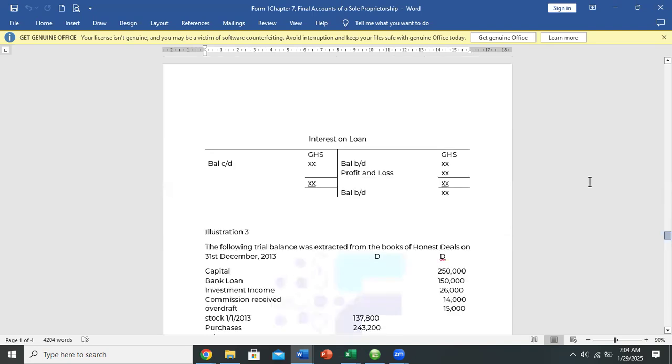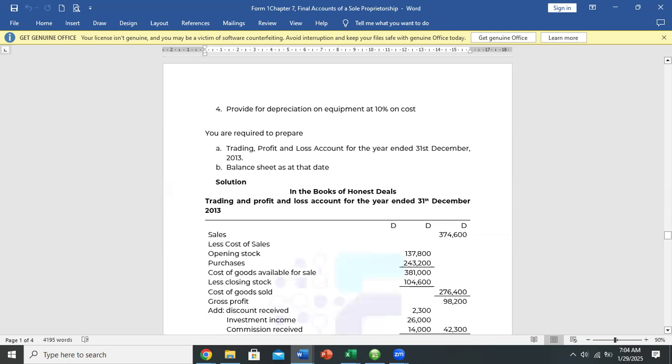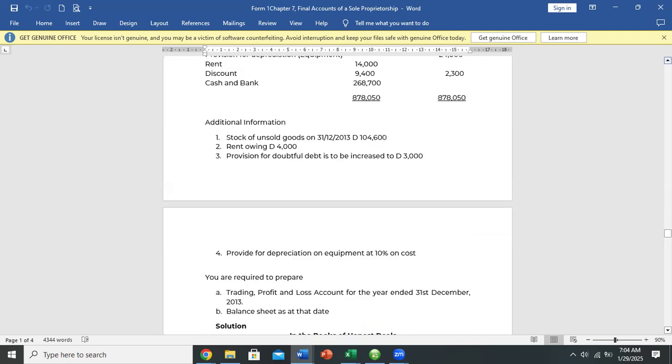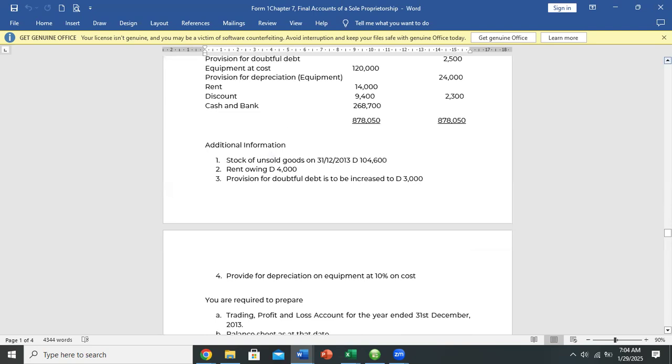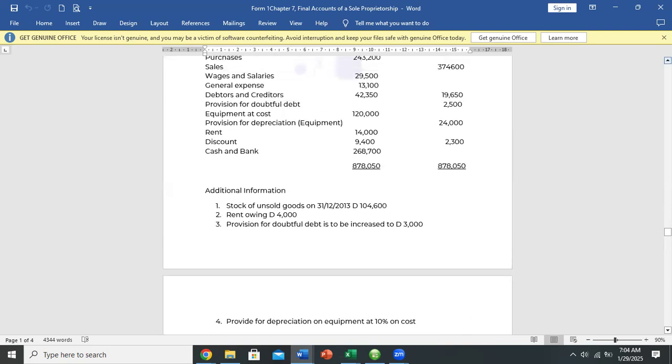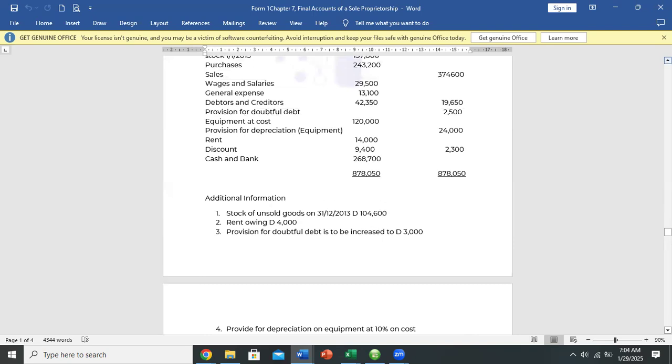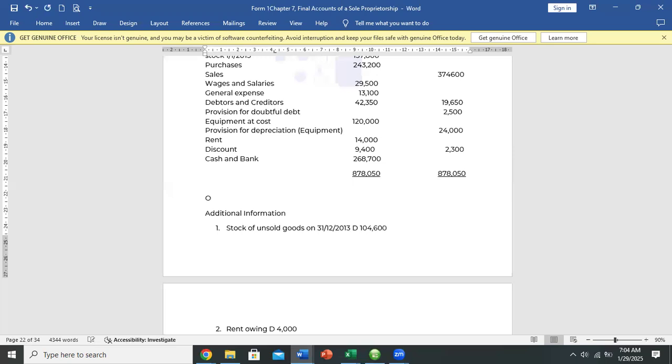Okay, so we have this for Honest Deals. My specific aim is on the provision for bad debt or provision for doubtful debt. So we are using the same old versus new, right? So if you check the trial balance, let me do the analysis here. So we have the old and then the new.